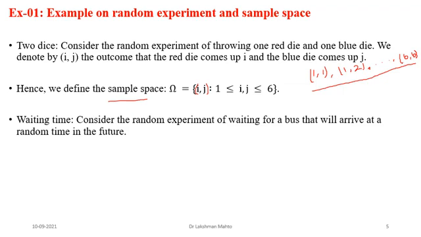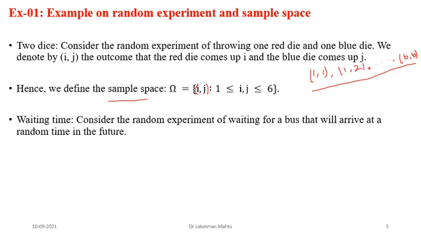So this is a discrete situation. It is because here the points we are calling 1, 2, 3, 4, 5. That means there is a bijection with the set of natural numbers. That's why this is a discrete phenomenon, and when we are unable to see a bijection of the sample space with the set of natural numbers, that time it will lead towards continuous phenomena. Such a situation comes in waiting time.